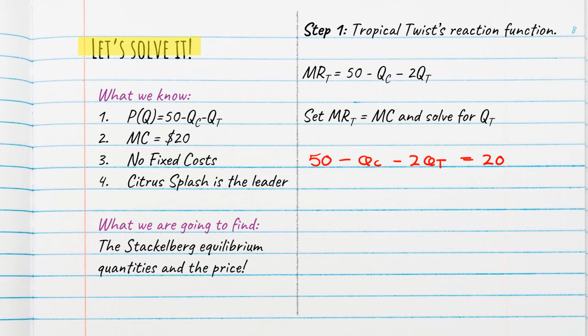Solving for QT, I have 2QT on the right-hand side of the equation, and on the left-hand side, 50 minus 20, which is 30, minus QC. Now I'm going to divide both sides by 2, and I get that QT is equal to 15 minus 0.5 QC. And that's the reaction function for the follower.